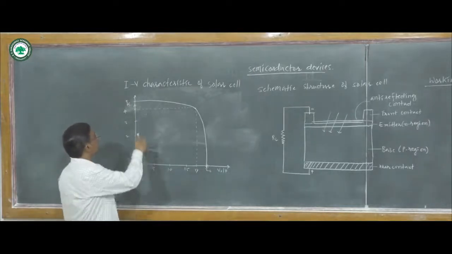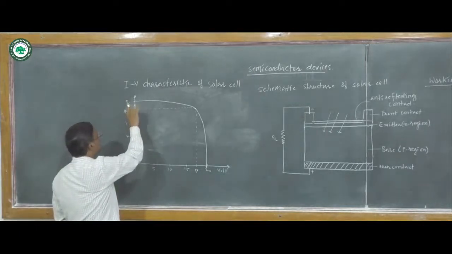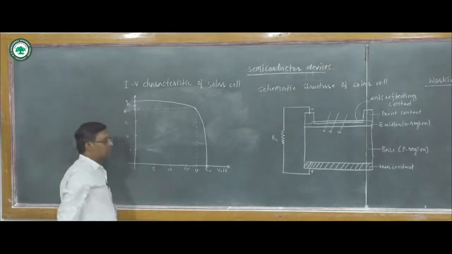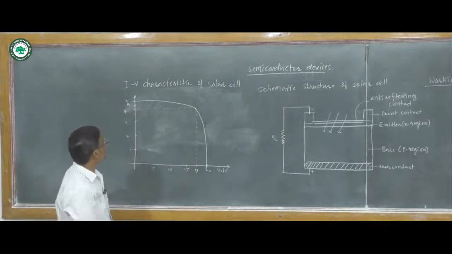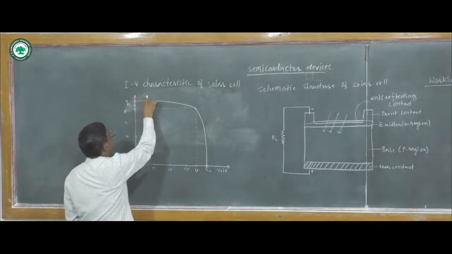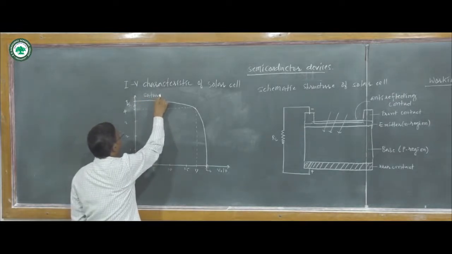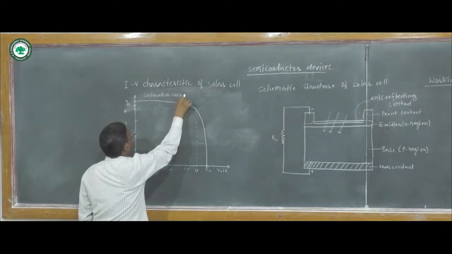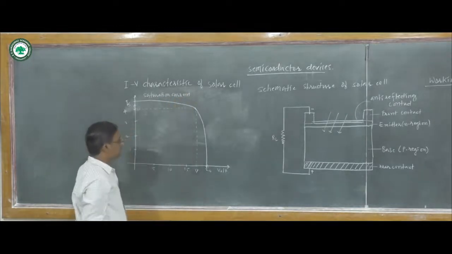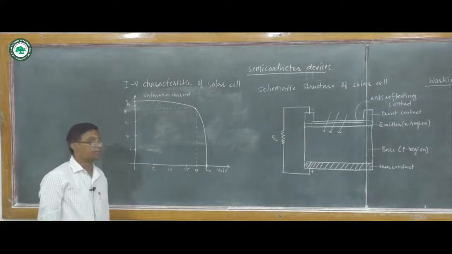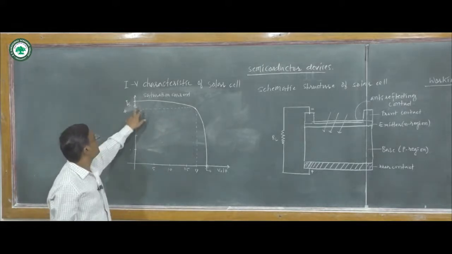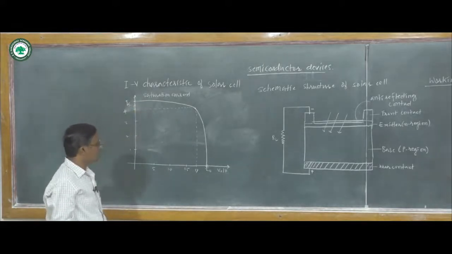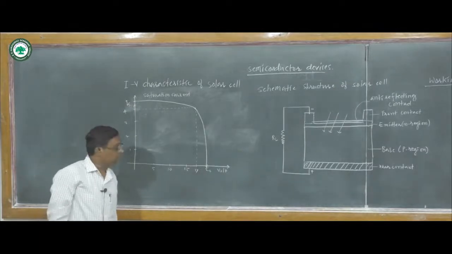Its intersection with the current axis is nothing but the saturation current, IS. When the solar cell is short circuited, we get the saturation current and the power is 0 at that time.